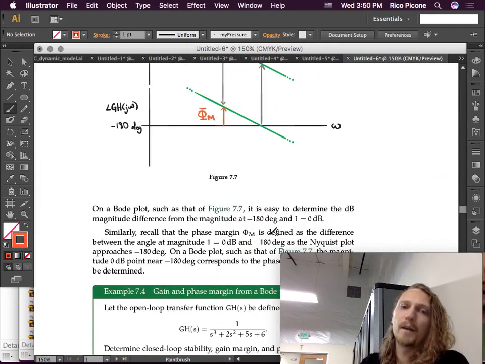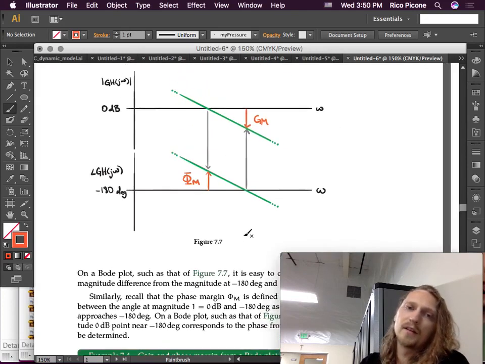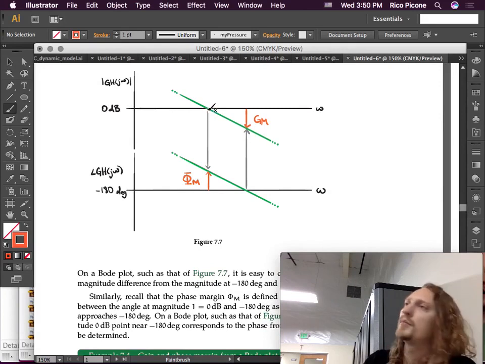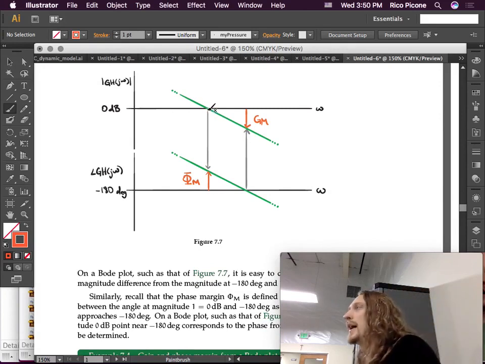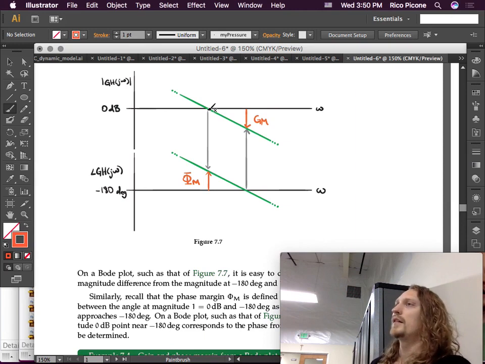So, on a Bode plot, such as that of figure 7.7, say you've got a Bode plot, and we're going to look at it in the region of 0 dB, which corresponds to magnitude what? Not in dB. Do y'all remember? 1.